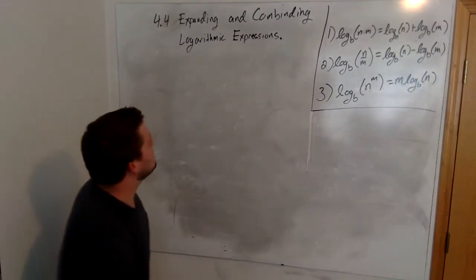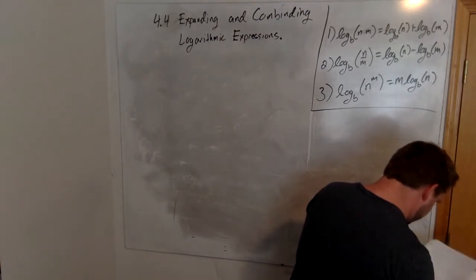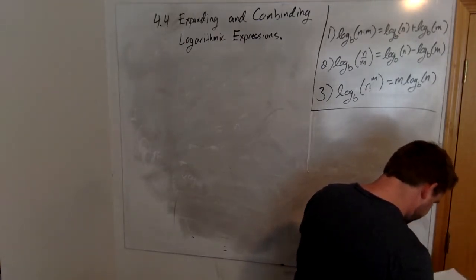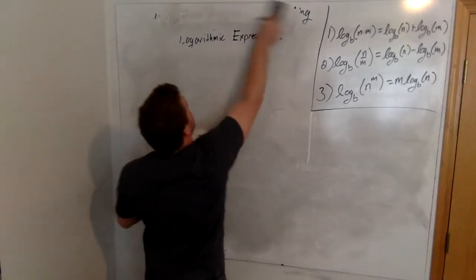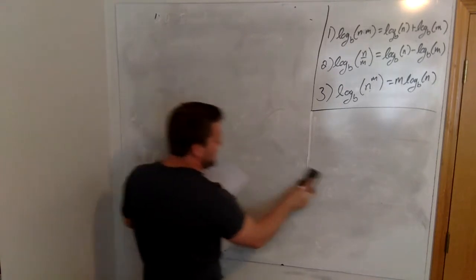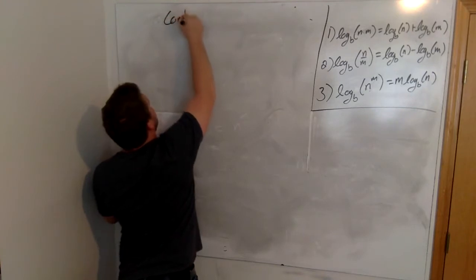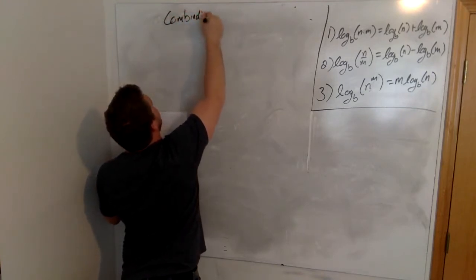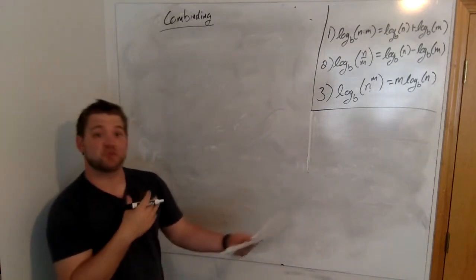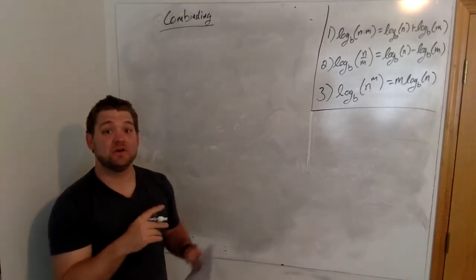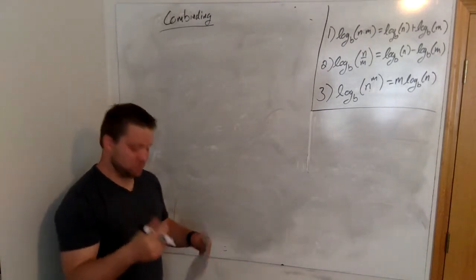Okay, so let's do some exercises. The first one we're going to do here is let's get practice with combining. These are the type of exercises where there are multiple logarithmic pieces in an expression, and we want to condense them down to just have a single logarithmic expression, or just an expression that has a single log in it.